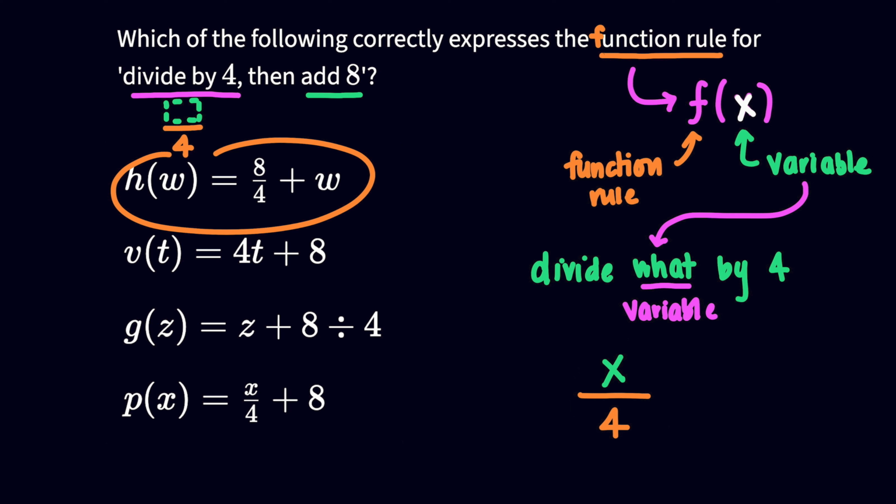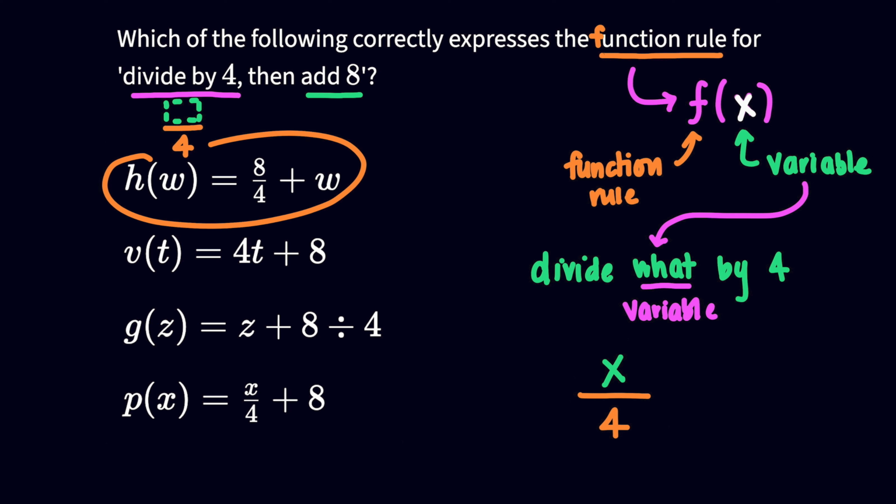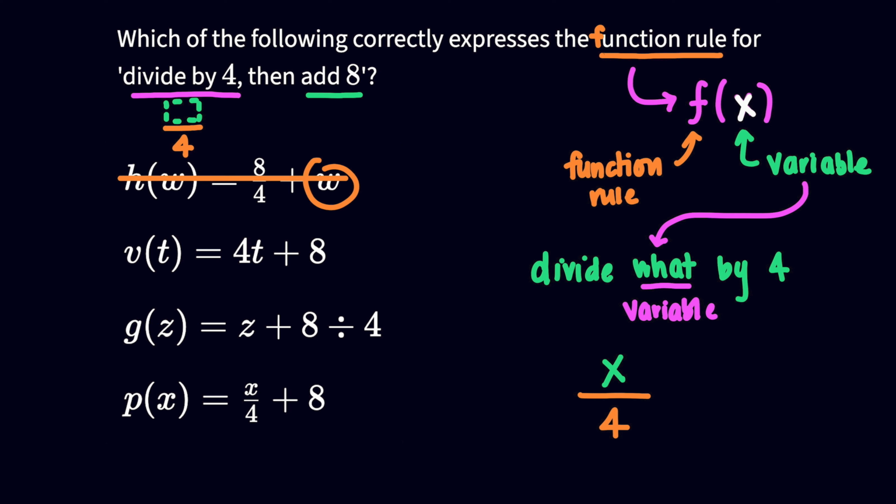Right off the bat, you can check off some answer choices that just don't match up. So for example, for this one, I have 8 divided by 4, not the variable divided by 4. So this is automatically out. The variable was just chilling over here. The next one has nothing to do with division. It's all multiplication and addition.